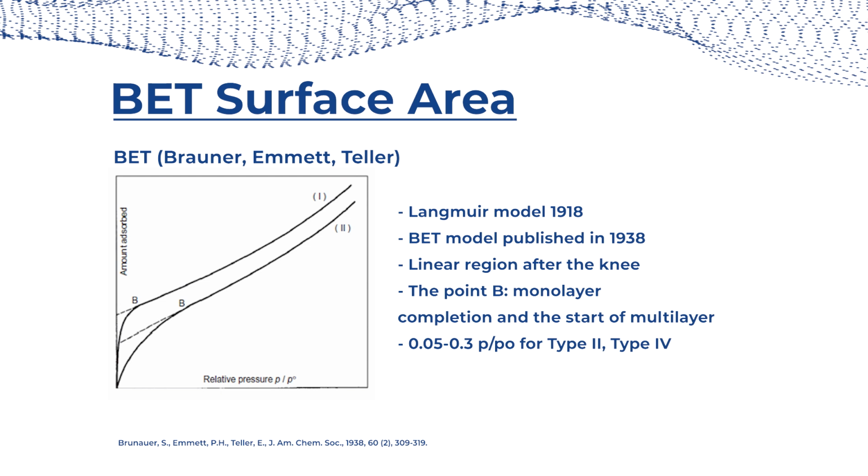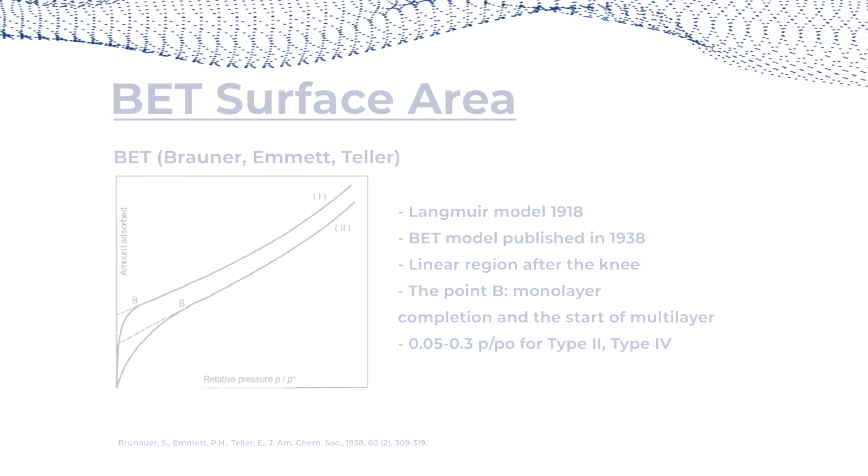For the data reduction, we're looking for the linear region after the knee, which is designated as point B. And point B is empirically determined to be where the monolayer completes and the multilayer adsorption starts. This linear region was typically reported to be from 0.05 to 0.3 relative pressure range for type 2 and type 4 materials.